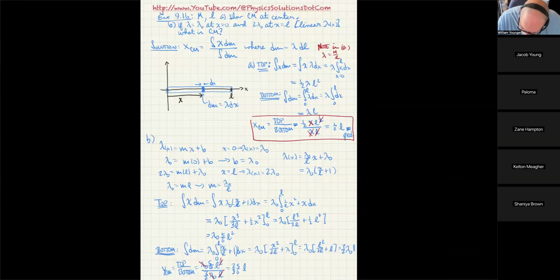And the 2, of course, can cancel out, leaving a 3 in the bottom. So we're going to end up getting 5/9 L, assuming I didn't make any careless mistakes. So the center of mass in this case is 5/9 L. Let's see if they got the same thing that I did.